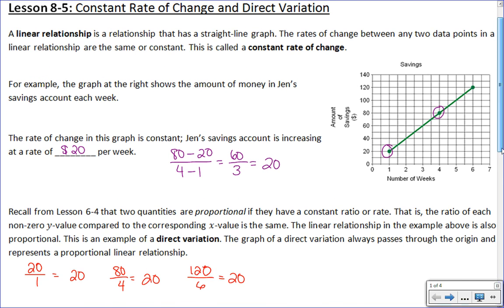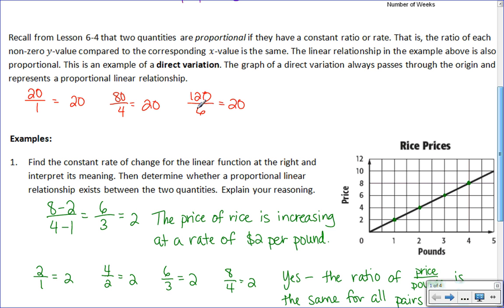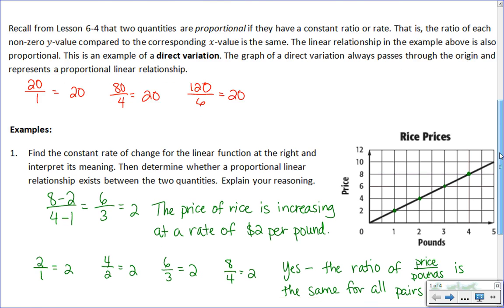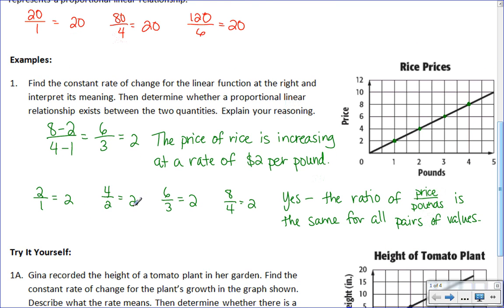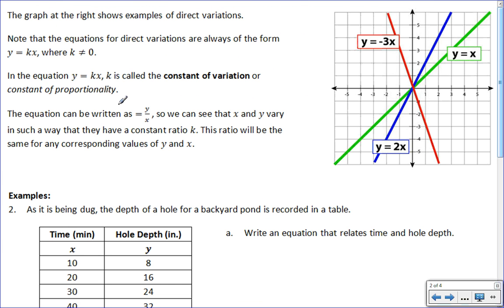That's the same value that we found in this one here to make sure that the relationship was proportional. Same thing here where we found 2 for each of these to make sure it was proportional. And the same thing you checked here and found out that it wasn't actually proportional. So here, that constant of proportionality, that's what we actually found to make sure that the relationship was proportional.